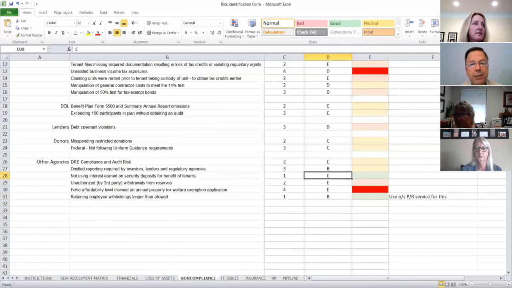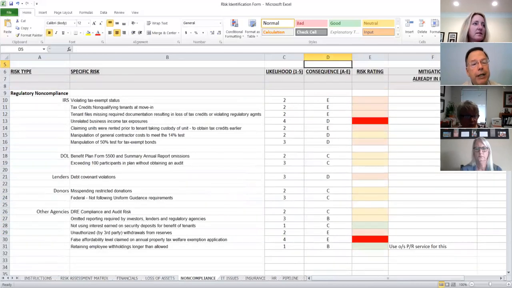The next tab is compliance, regulatory non-compliance. I identified a few agencies that we're all concerned about, making sure we comply with IRS regulations, violating tax-exempt status risks, tax credit risks, not qualifying tenants at move-in, losing some credits there.